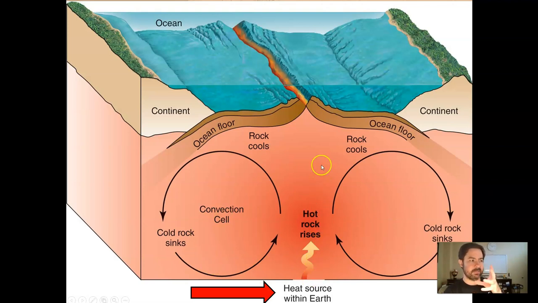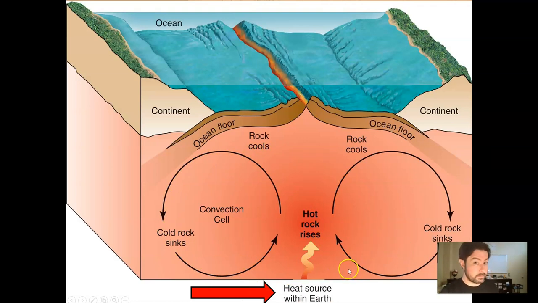Remember, the mantle's like hot, sticky Play-Doh mixed with rocks, if you can imagine that. So there's some movement to it. Slow, but it moves around. So hot mantle material rises. As it gets further away from the core, it cools down and it sinks, and that process happens over and over and over again. That's called mantle convection.